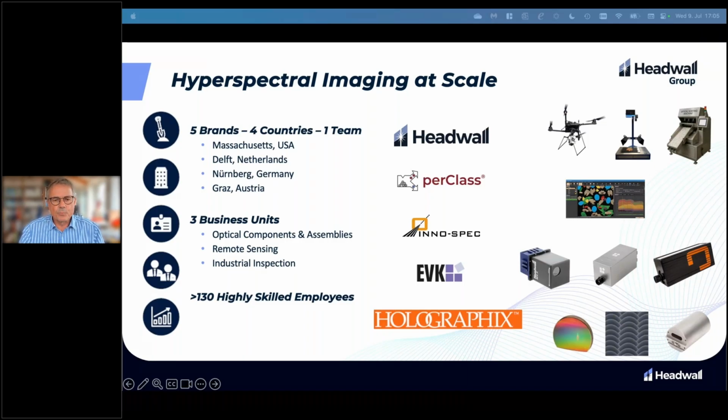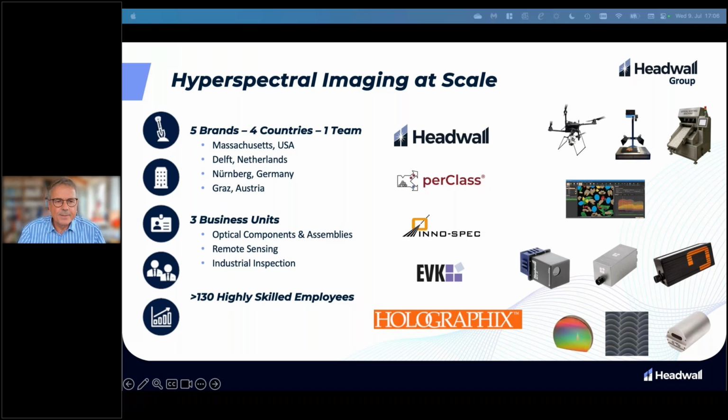So based on that, we have 2 units really providing hyperspectral imaging solutions. The one would be for remote sensing, where we serve applications in agriculture and environmental monitoring, or an example in the mining area. And here we provide everything that is needed, a complete package, including a drone, a hyperspectral imager, integration of other sensors like LiDAR, IMUs, and precision GPS, as well as a complete software package to analyze and integrate all this data.